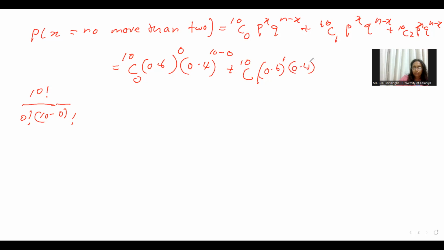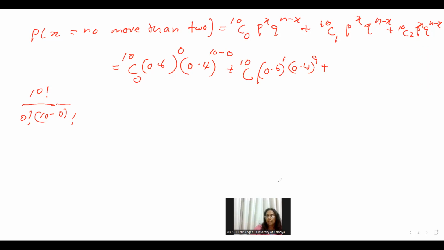Q is 0.4 to the power 9. Plus 10C2. P means 0.6. Power here is 2. Q means 0.4. Power here is 10 minus 2.